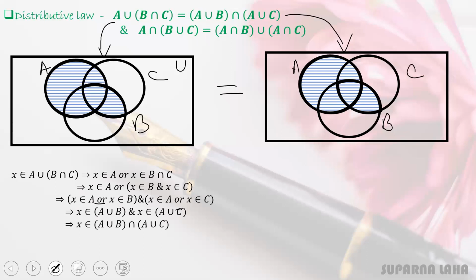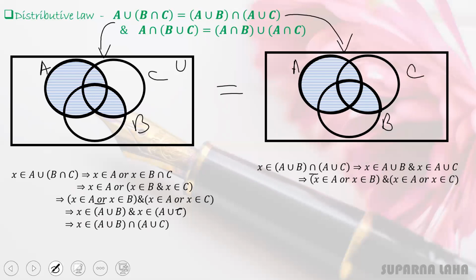Now let's take in a similar manner X is present in RHS. So that means X belongs to A union B and, since intersection is there, X belongs to A union C. Now remove this union with 'or'.